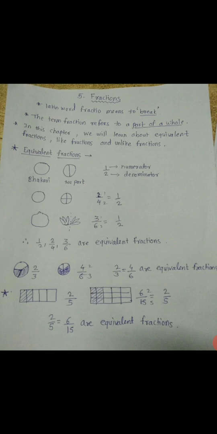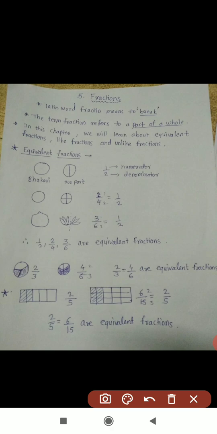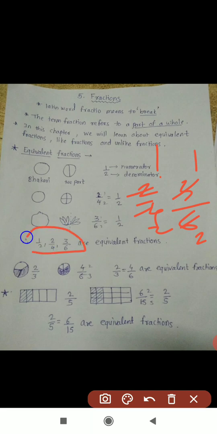Yes, understood children? Again one more time I will explain. If you are taking 2 upon 4 or 3 upon 6, 2 ones are 2, 2 twos are 4. What answer came? 1 upon 2. 3 ones are 3, 3 twos are 6. So these three are the equivalent fractions.